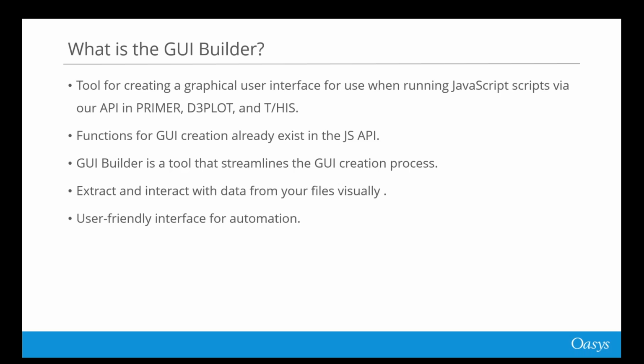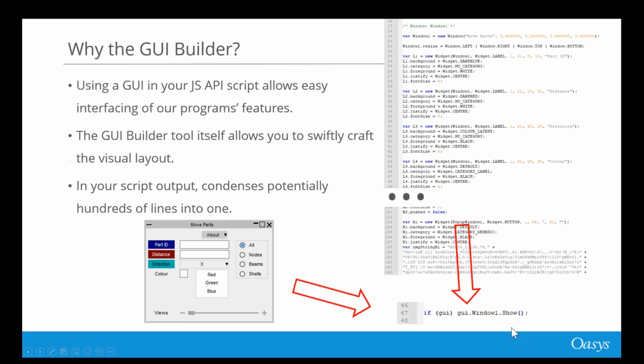The functions for creating a GUI within our JavaScript API, if any of you are familiar with, do already exist. However, this GUI Builder is a tool that helps you quickly create those and therefore interact with your files quite easily and visually. And this quickly automates the GUI creation process, as you will see very soon.